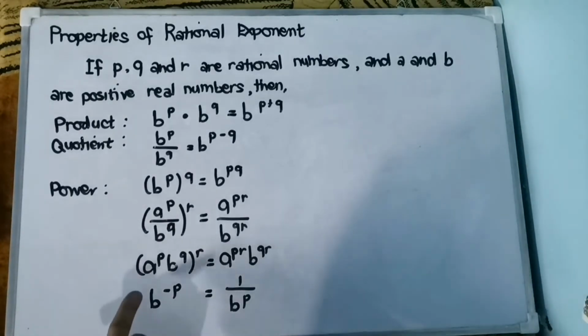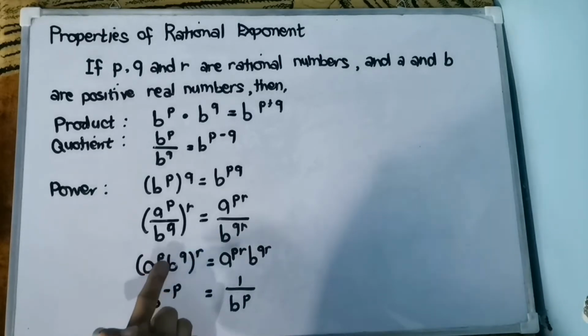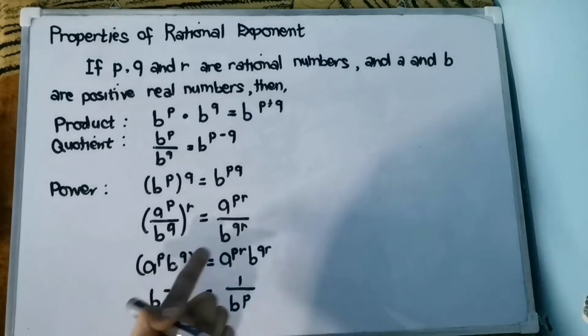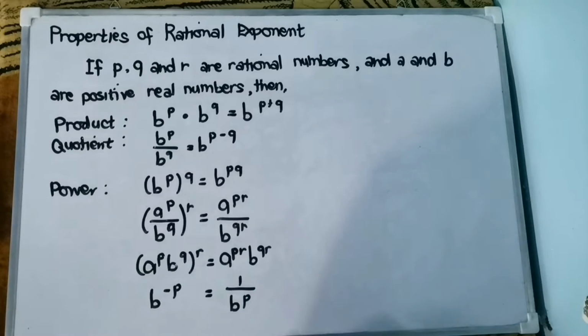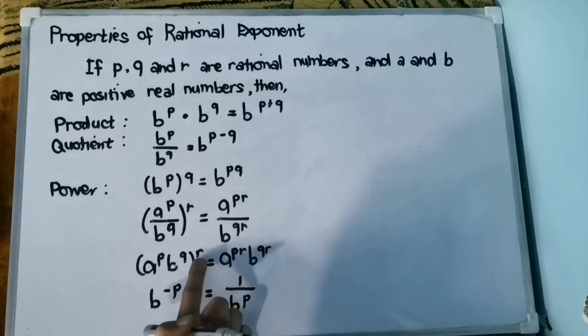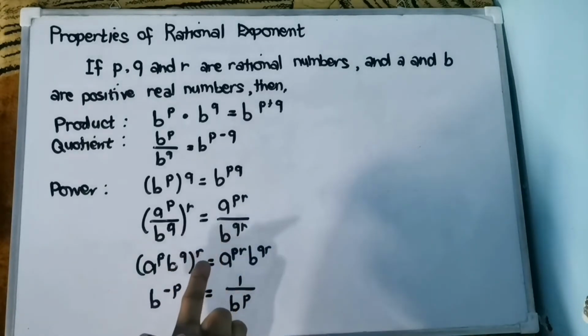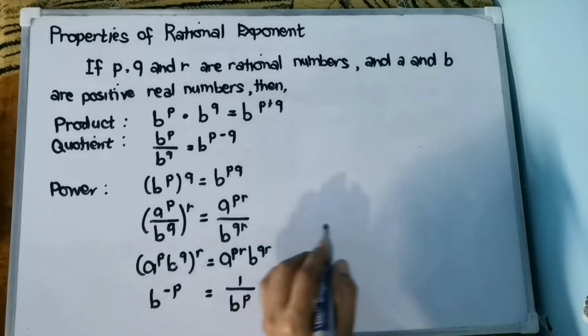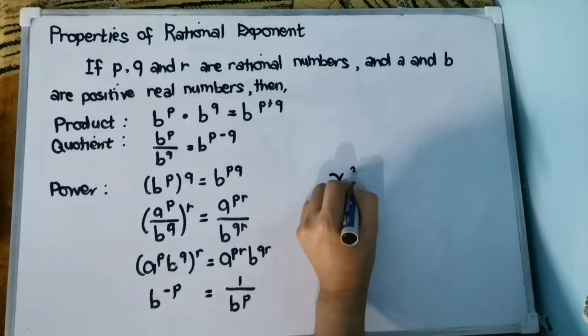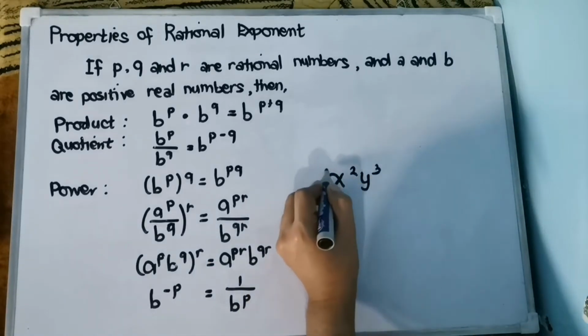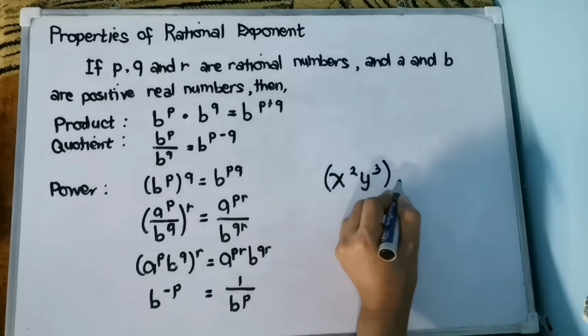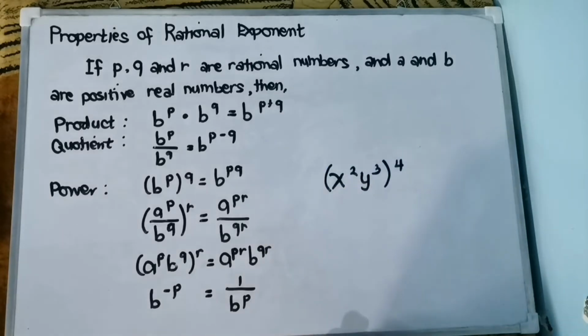The third one is the quantity a raised to p, b raised to q, raised to r. So you just distribute the exponent r na nasa labas ng parenthesis. So for example, we have here the quantity x squared y cubed raised to the fourth.